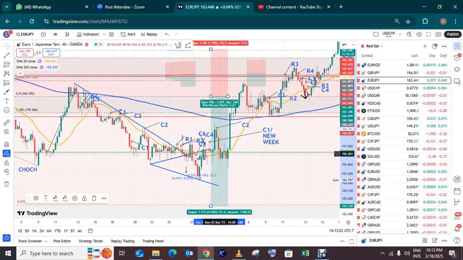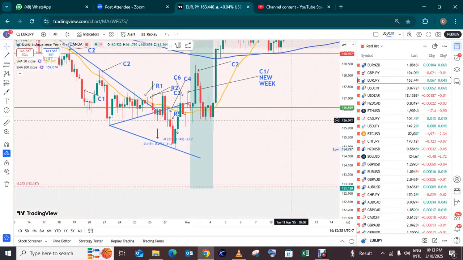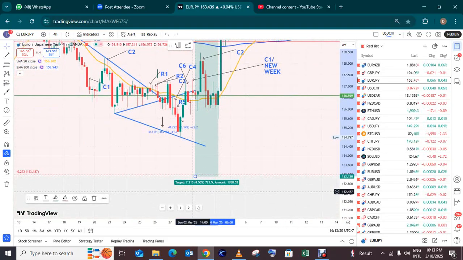So what we are looking at now, we need to look at the level of this. So what do we have here? If you look on the target, the initial, predetermined or predefined TP from the start, which we've set from the beginning, we have target 7.215, and we have 4.50%.